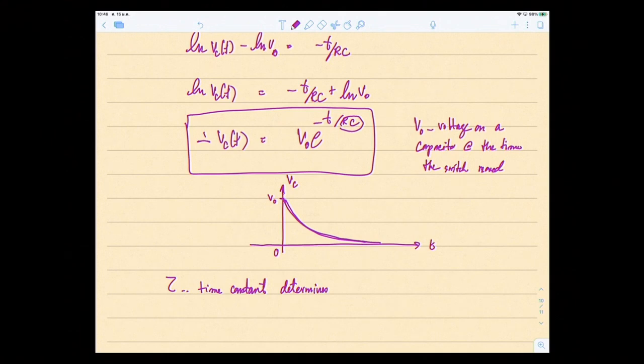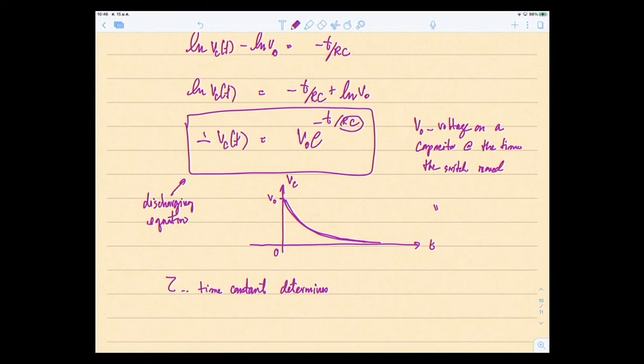In this case, it's discharging, correct? It starts at the very top, fully charged, and then it reduces down. So sometimes we call this the discharging equation.